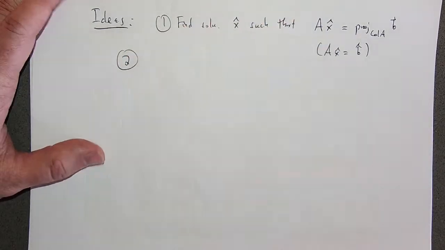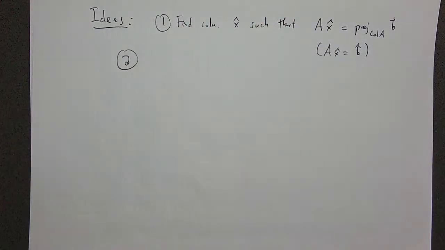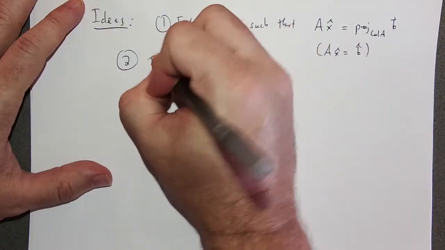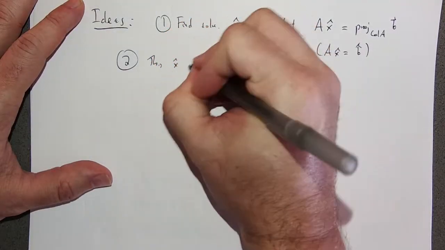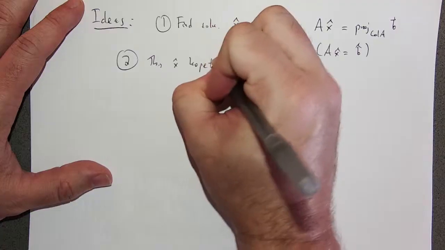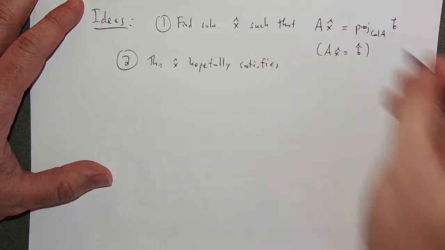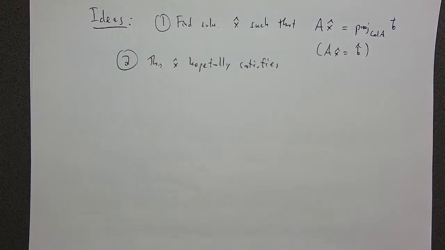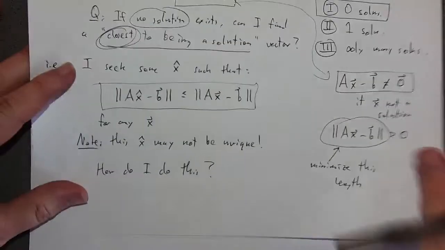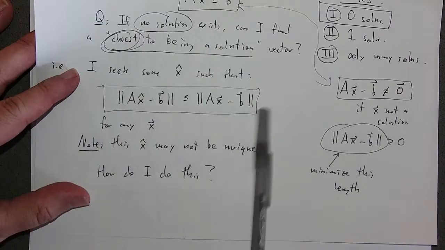And two, we need to ensure that this x hat hopefully satisfies the condition that it actually minimizes the squares in question, right? We want to make sure that this actually minimizes this expression.